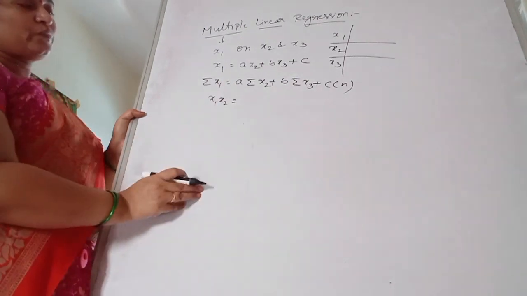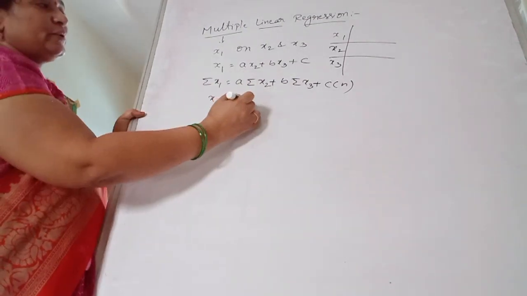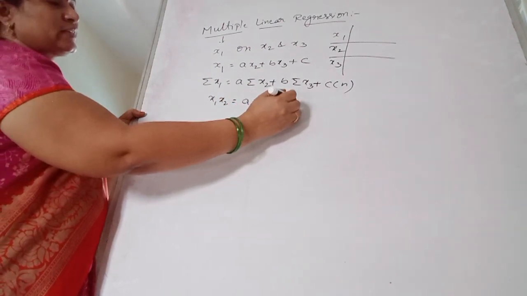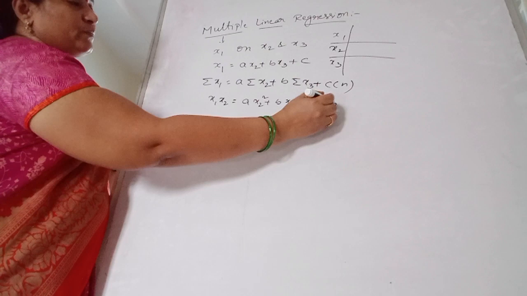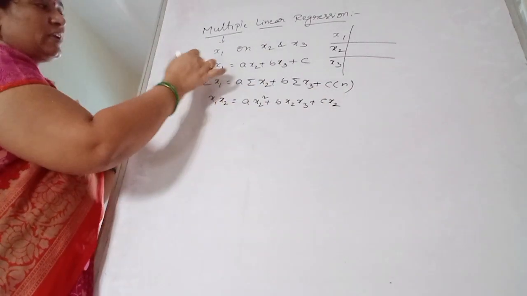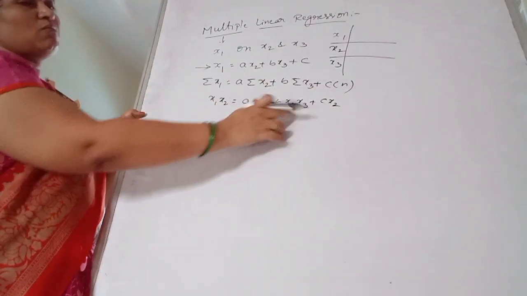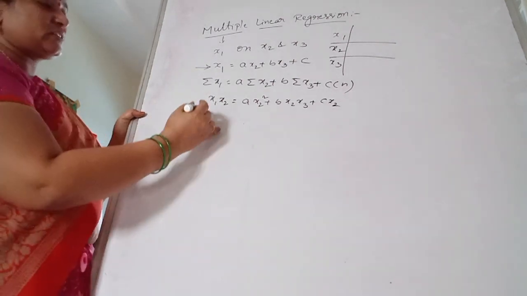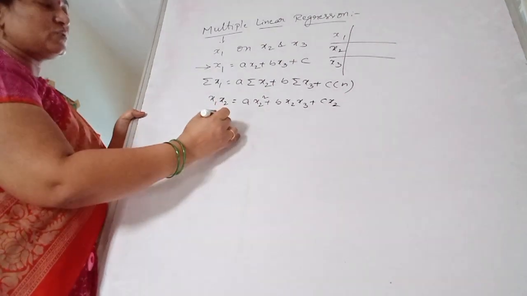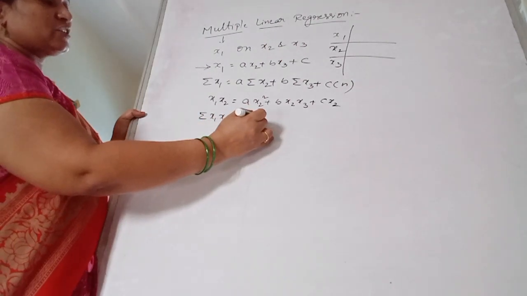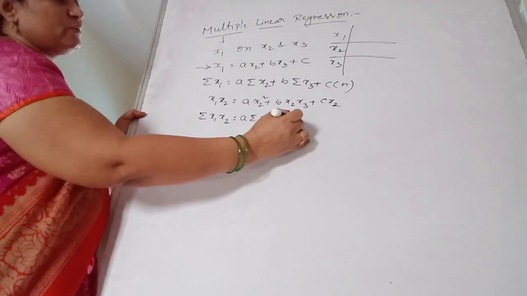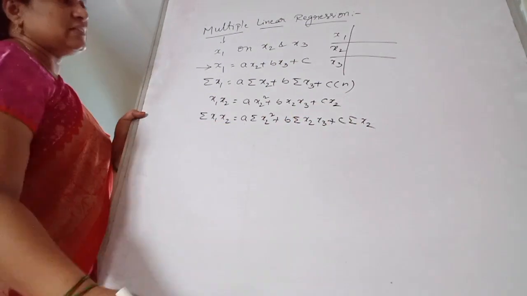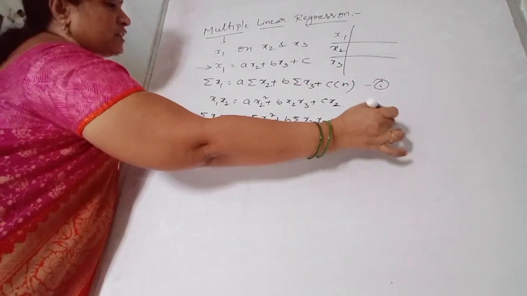So a into x2 into x2, that is x2 square, plus b into x2 into x3 plus c into x2. Now taking the summation on both sides, summation of x1 x2 is equal to a into summation of x2 square plus b into summation of x2 x3 plus c into summation of x2. This is the second normal equation.